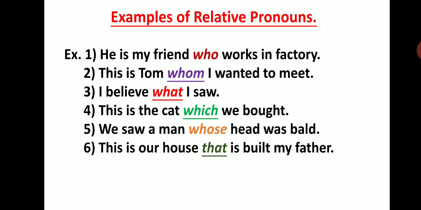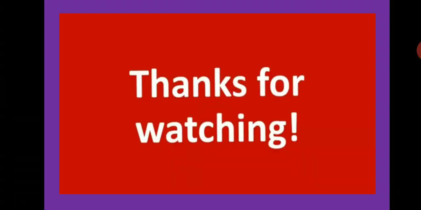We saw a man whose head was bald. This is our house that is built by my father. In these 6 examples, you can see how relative pronouns are used to connect the sentence.